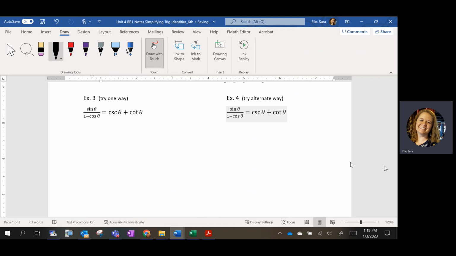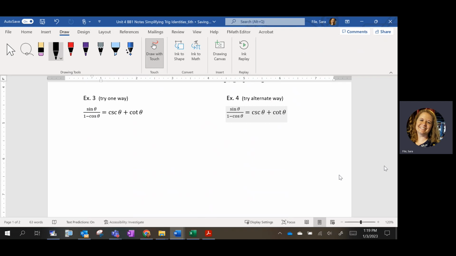All right, now this one, example 3 and 4 are exactly the same. It's the same problem, but I'm going to try it one way, and then we're going to try an alternate way. We're going to try a different method, okay? Because I want to show you that there is not always just one way to prove or verify these. In this particular one, some people might interpret the left side to be the more complex side.